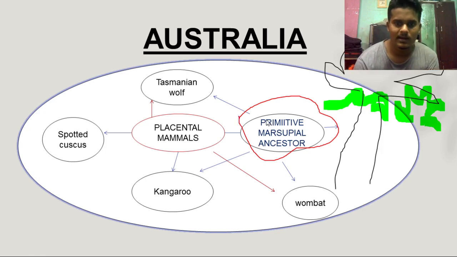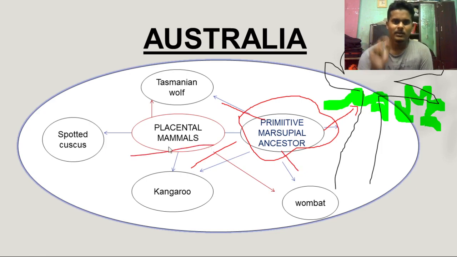First of all, Tasmanian wolf, and for example, the organism has to go to a tree, so it goes on to this tree. It develops a glider type of structure, and it's known as sugar glider. Squirrels and kangaroos and primitive marsupial mammals, wombat and spotted cuscus, and even placental mammals were there.